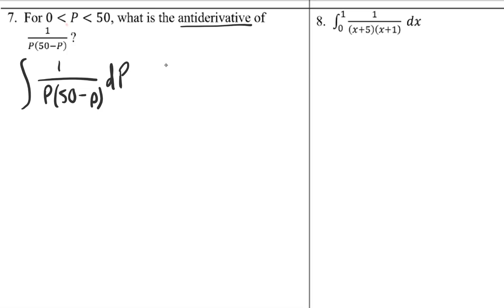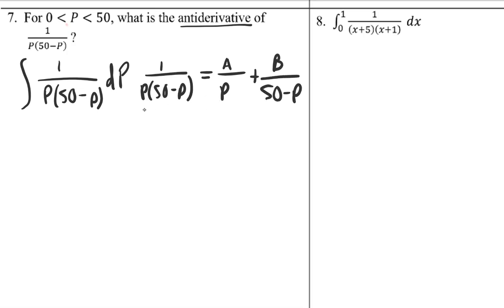So I'm going to use algebra to make this fraction look like this fraction. So one factor, second factor, two fractions. Of course, if it has three factors, you could have three fractions. We saw that in a previous question.